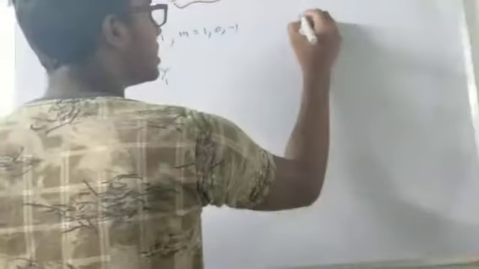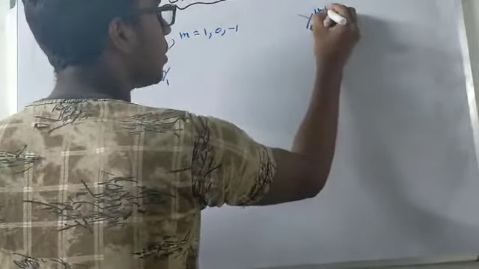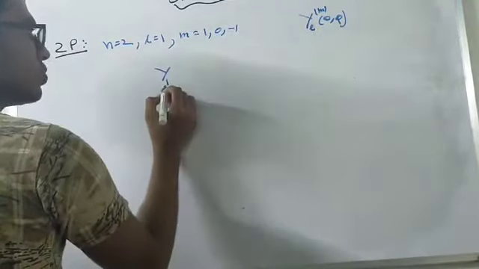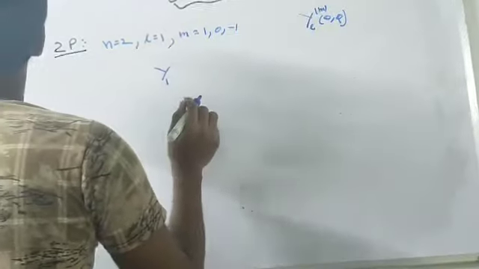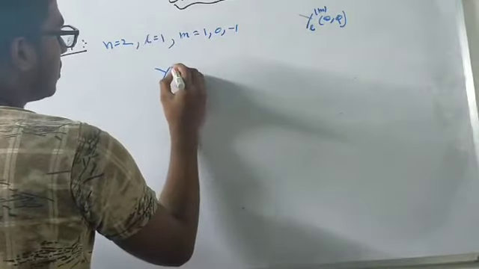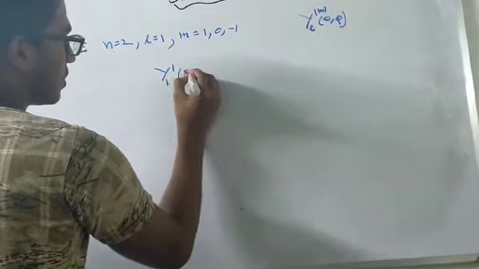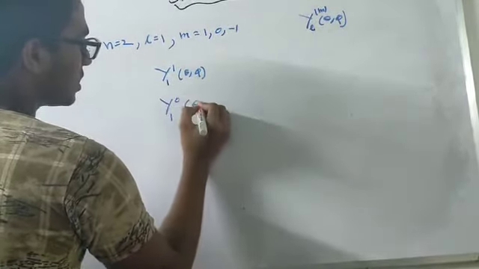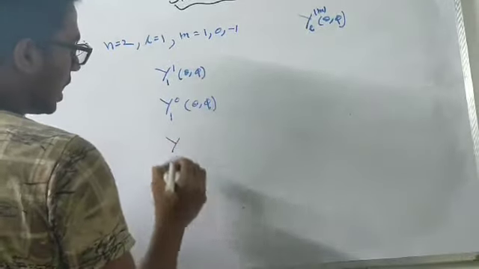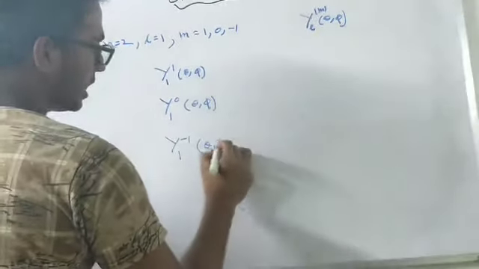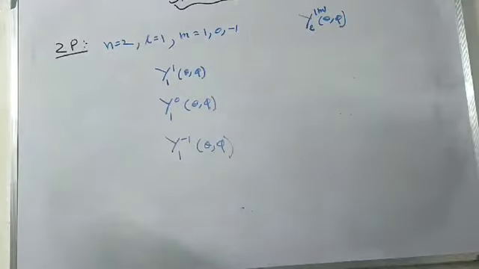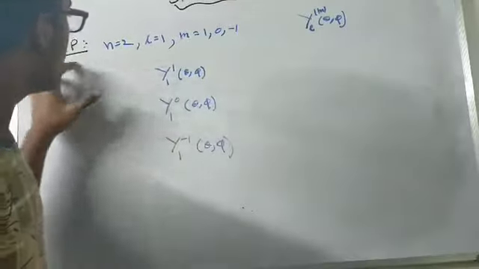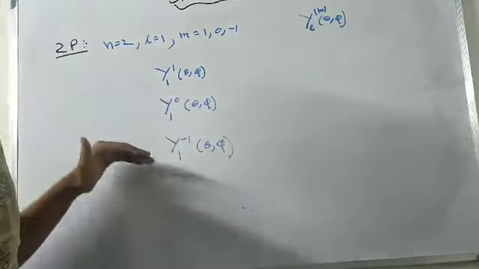The general representation of the angular wave function is Y l, m (theta, phi). So Y equals Y 1,1 (theta, phi), Y 1,0 (theta, phi), and Y 1,-1 (theta, phi). So in the case of the p orbital I get 3 angular wave functions.